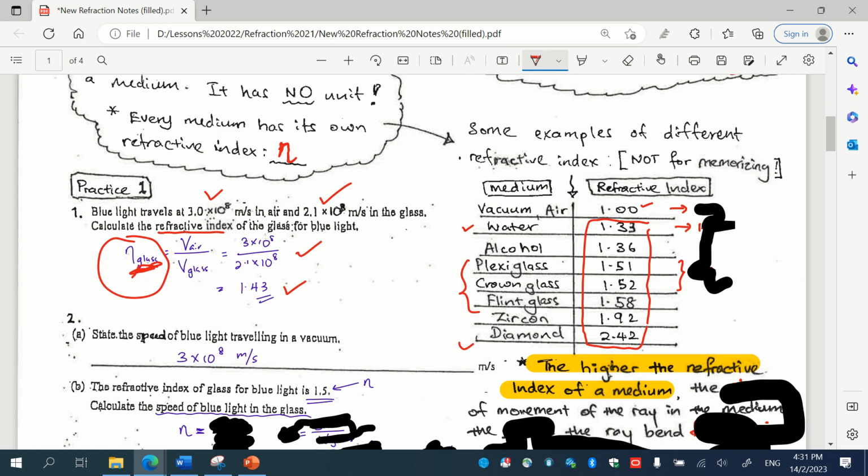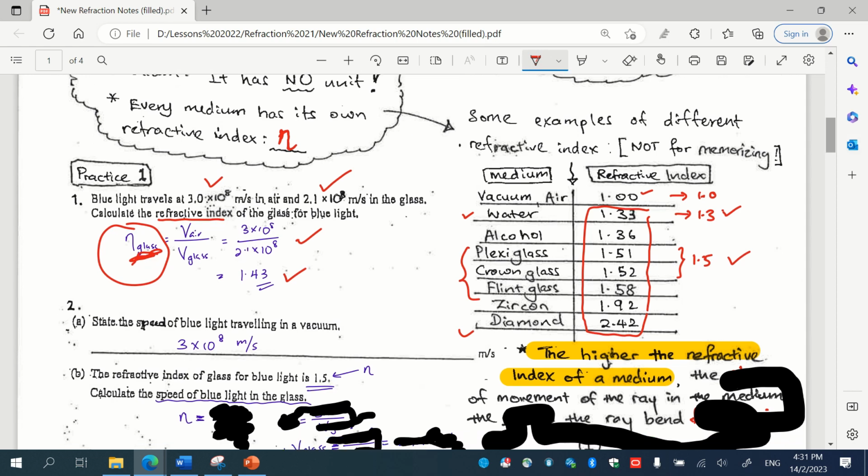Air has a refractive index of 1.00, water is 1.3, and glass is about 1.5. So you are always told to find the refractive index of the water, the denser medium, or of the glass. It's never about air, because air is understood to be 1.00.